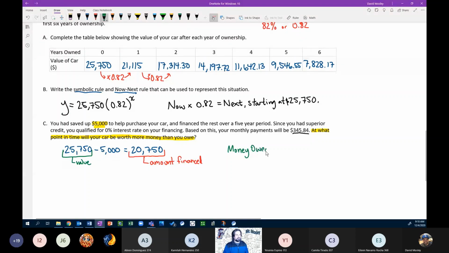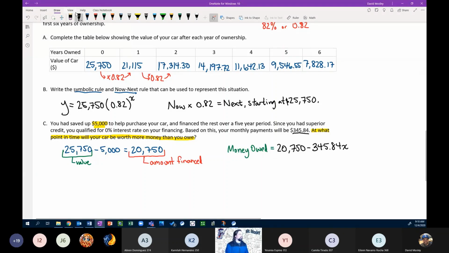The money owed is equal to the amount financed, $20,750, minus the monthly payment, which is our rate of change, $345.84, times X, where X is the number of months we've been making payments. Okay, so that's the money owed.